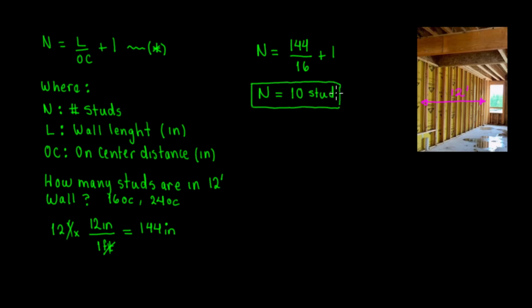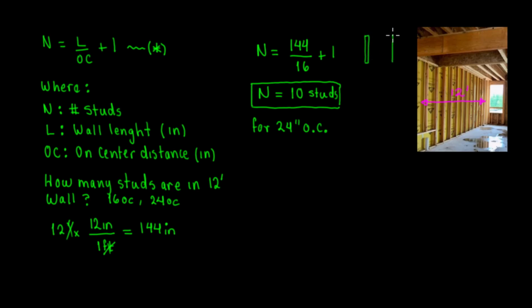10 studs. Okay, so what about the other one, the other side? What about for 24 inches OC, on center? Technically we're talking about the separation, as we explained in the previous video.